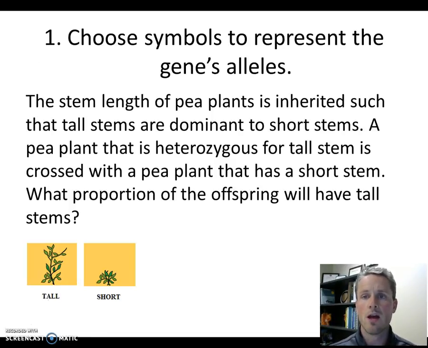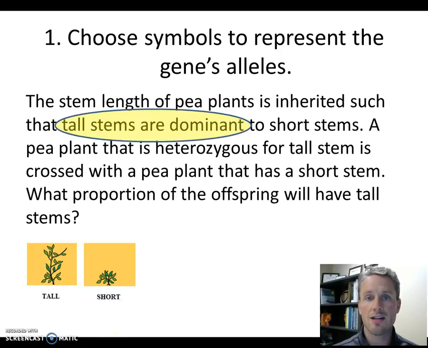So step 1, choose some symbols to represent the gene's alleles. Here we're looking at a gene that controls stem length, and the gene either makes the plant tall or short, depending on which alleles we have. There's information in the question about the alleles. We know that tall stems are dominant.